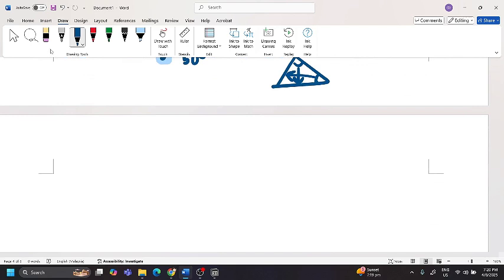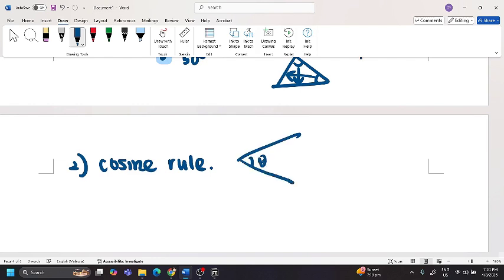The second one is the cosine rule. When do you use the cosine rule? When you see an angle and two lines beside it. Usually they'll provide one angle and three sides.